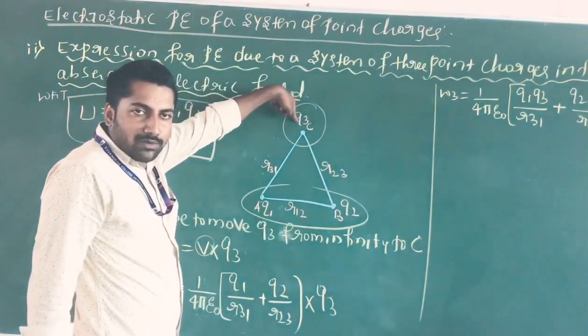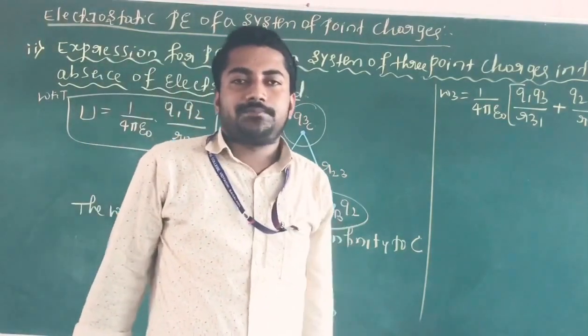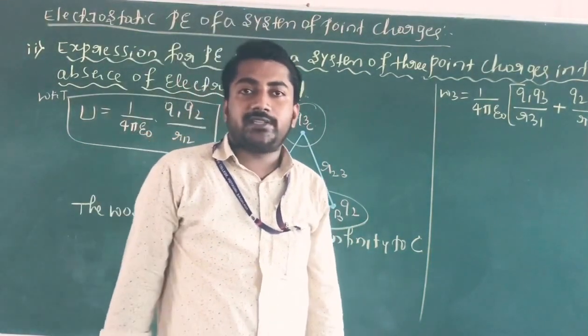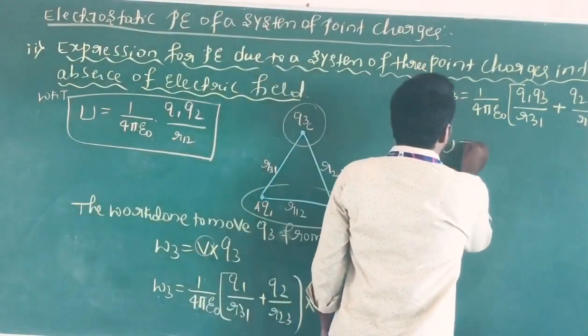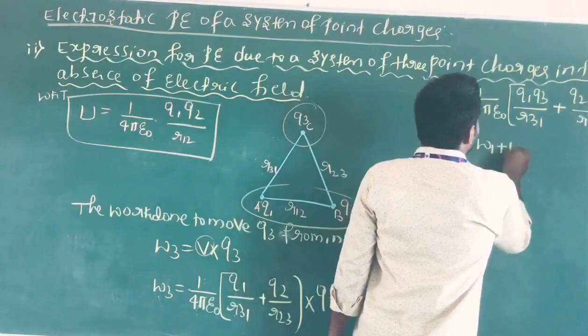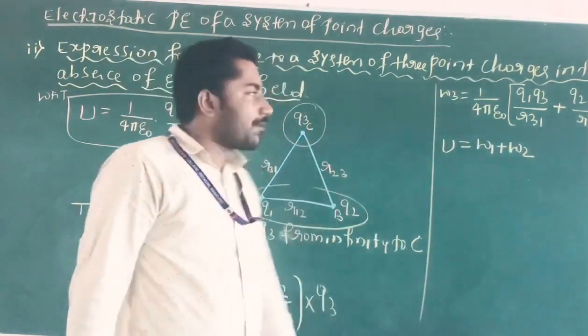But now I am going to calculate the potential energy due to the 3-point charges. We know the formula: the potential energy U is equal to W1 plus W2, where W1 plus W2 means the potential energy due to the system of 2-point charges.